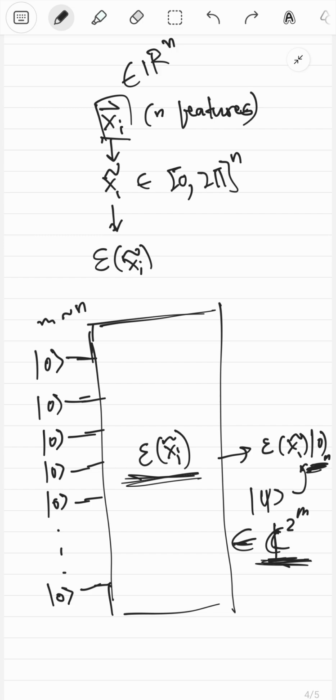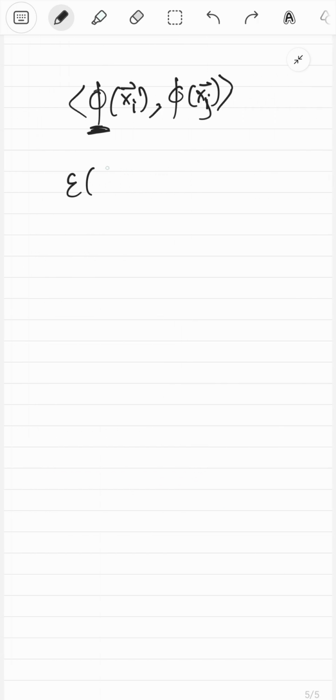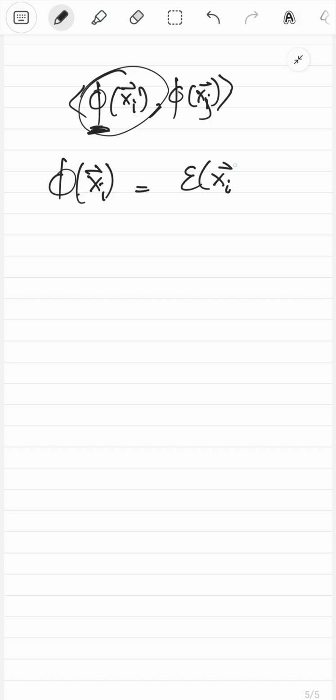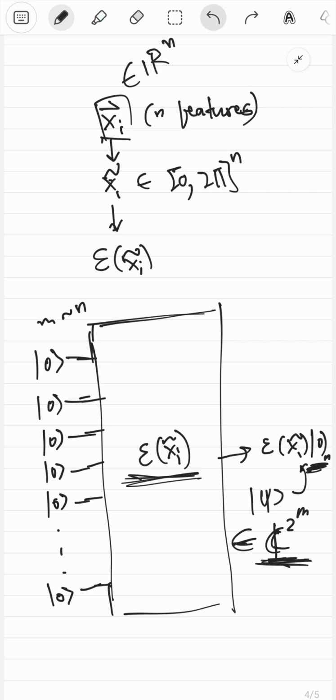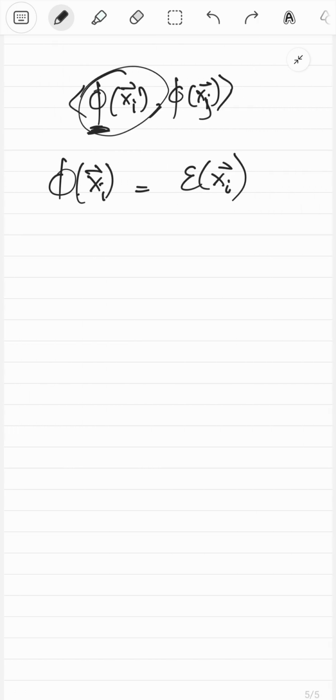Then after that, it applies quantum gates and we get this psi ket outside. So this quantity, our phi of xi vector, is this thing, epsilon of xi vector. I'm just going to call it xi vector at this point. This whole process of normalizing, just forget about it. That's also now a part of your epsilon, assuming that epsilon does that inherently somehow.